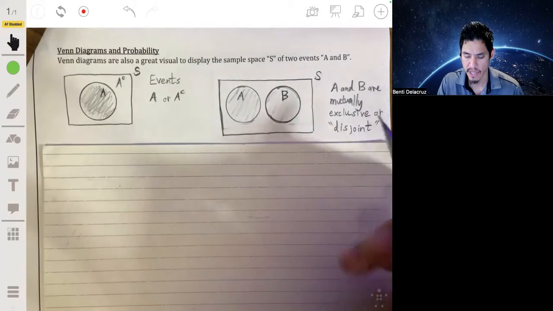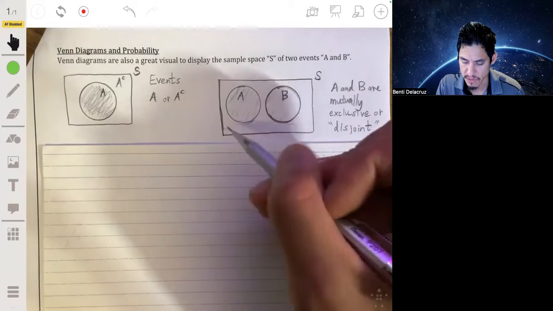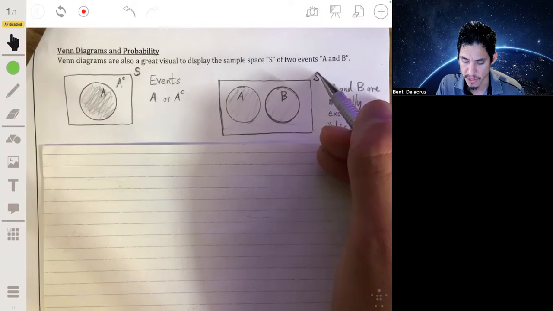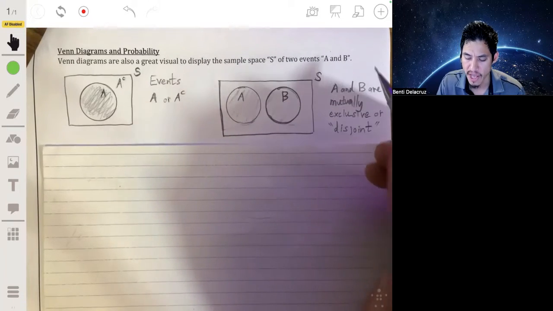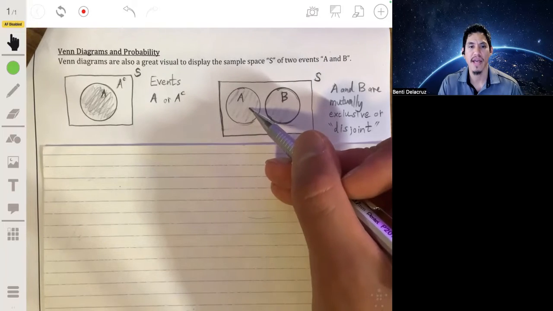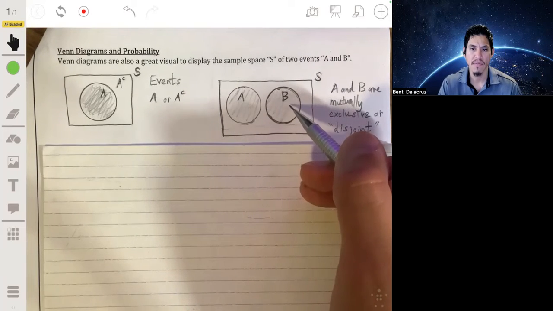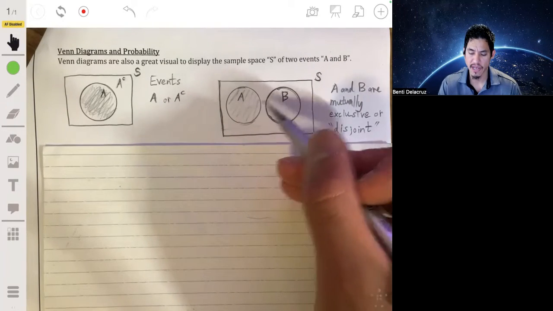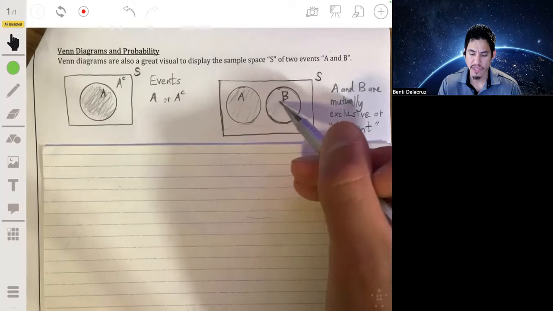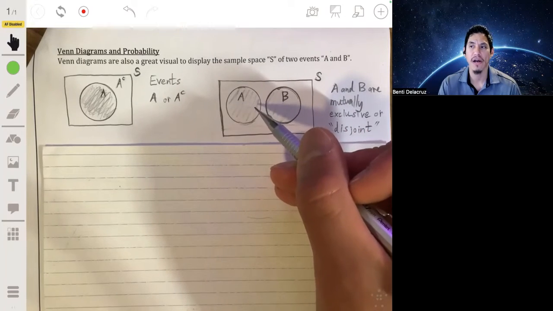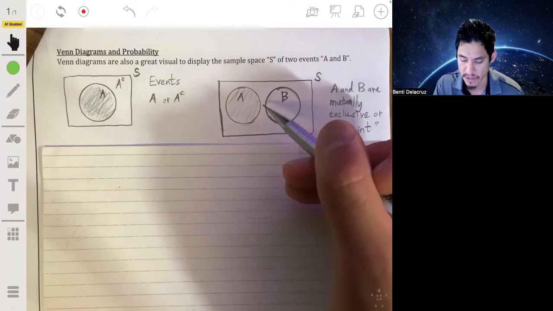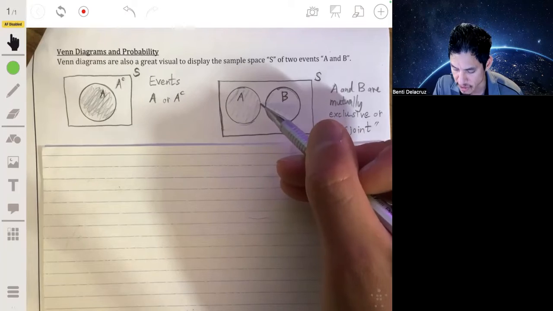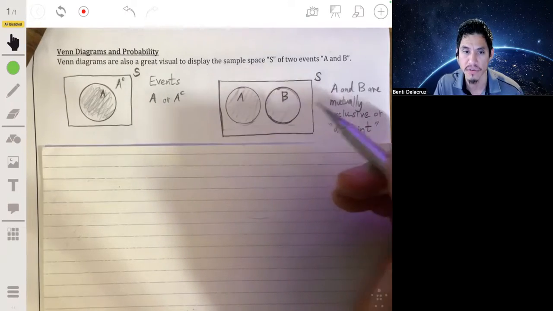And the next one, again, we have our sample space represented by the rectangle. So the universe you can think of everything going on. And either we have event A or event B. So you can see events A and B, they don't intersect. So that means you can't have them both occur together, because they don't ever touch at all. They don't cross over.